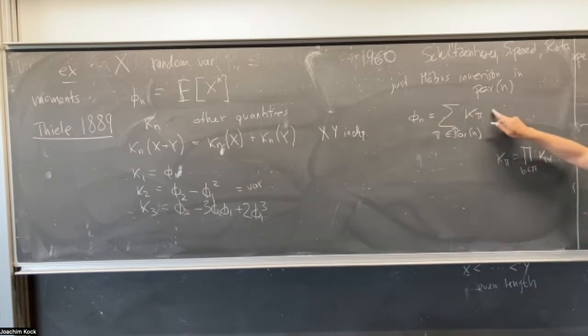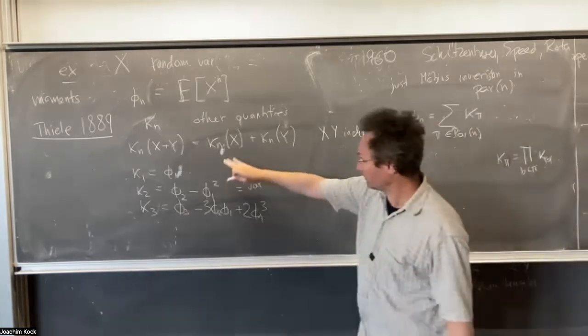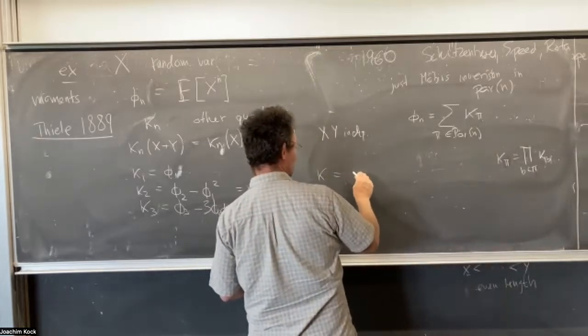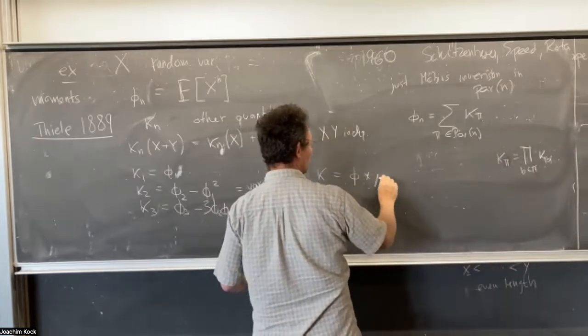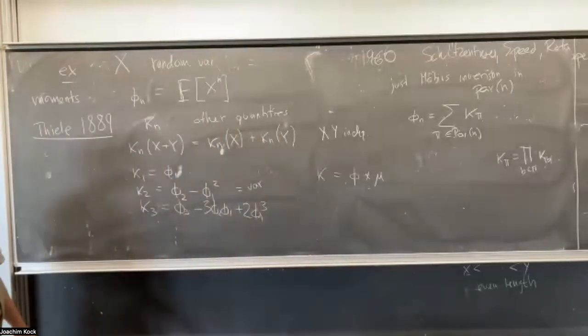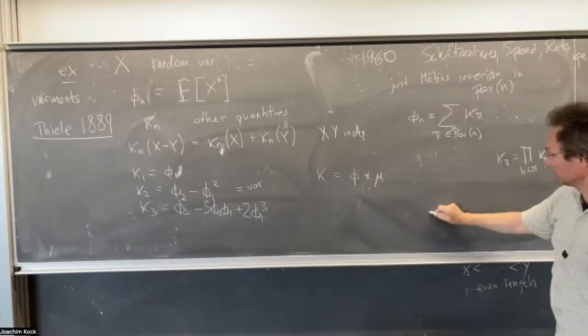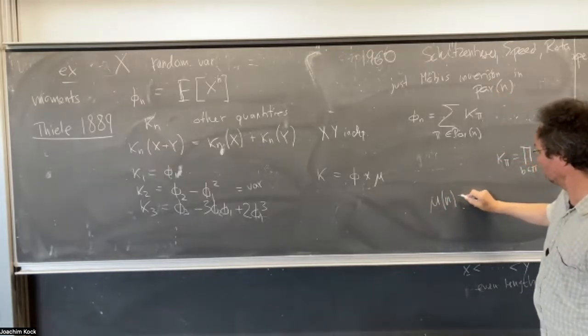So there's a zeta invisible here. So these formulas, they just come out by saying that the cumulants are the moments convolved with the Möbius function. And that's the Möbius function in this poset. And it has a nice formula.